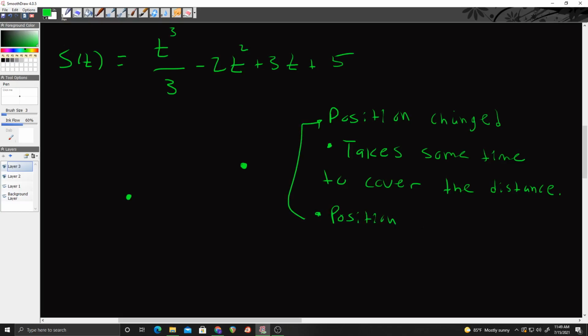So if I take the tiny little bit of distance, if I just move this thing from here to here, and I have the tiny increment of distance, and then divide that by the tiny increment of time, what I've done is I've moved this thing a little tiny bit, and it took me a little bit of time to do that.